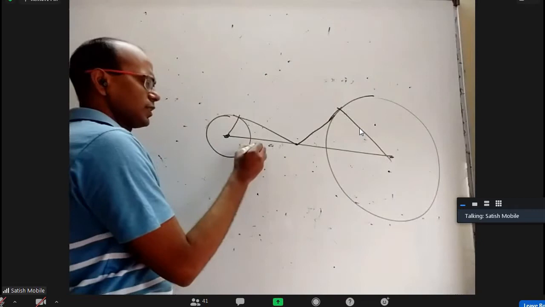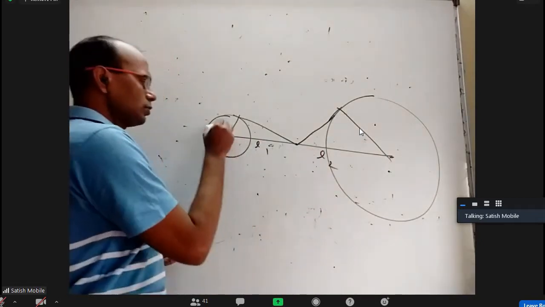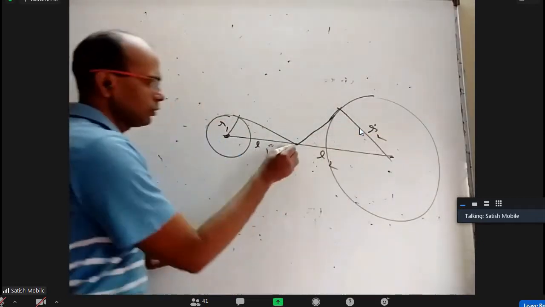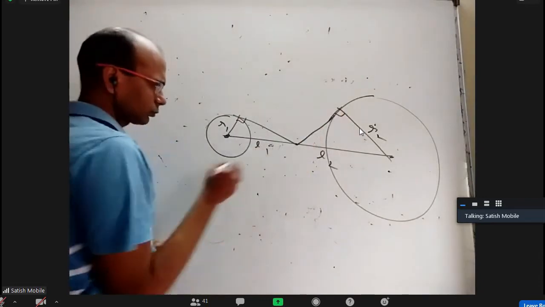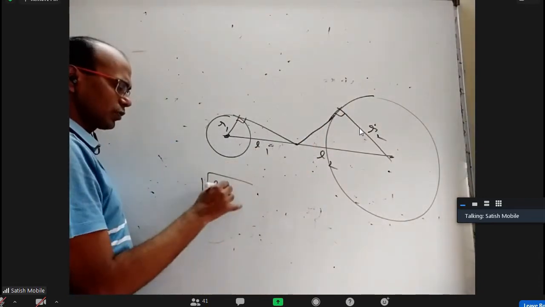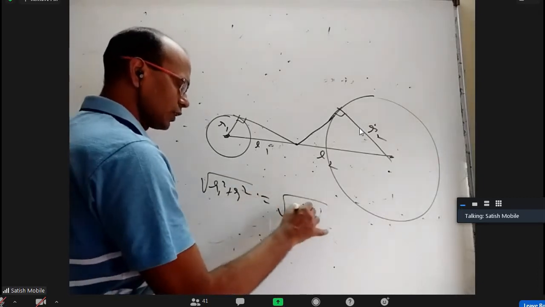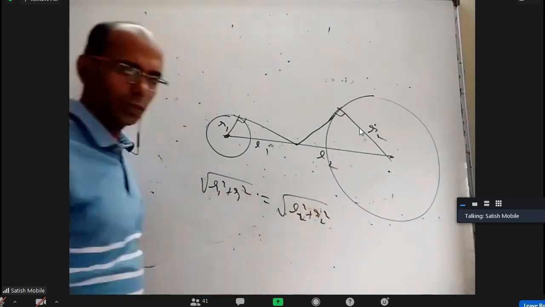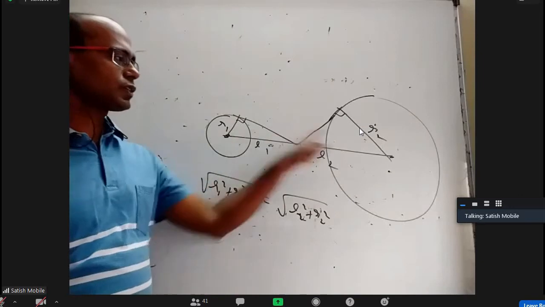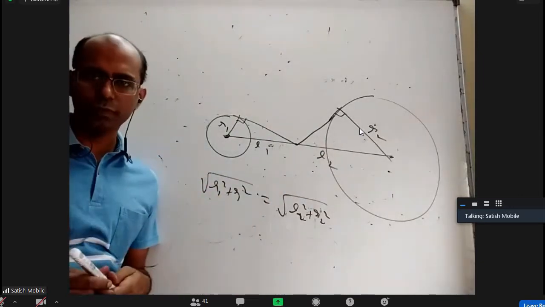That is, let us say this is L1, this is L2, this is R1, this is R2. This is root over L1 square plus R1 square equal to root over L2 square plus R2 square. From this point, the length of tangent to both circles are equal. Let us assume that.